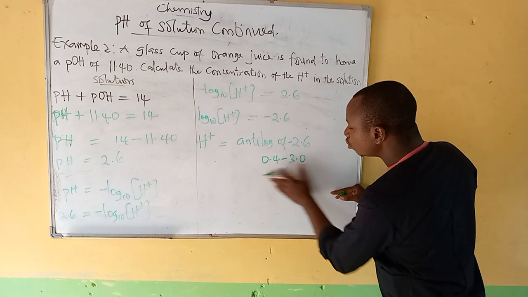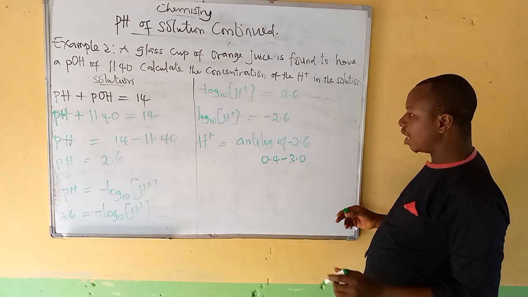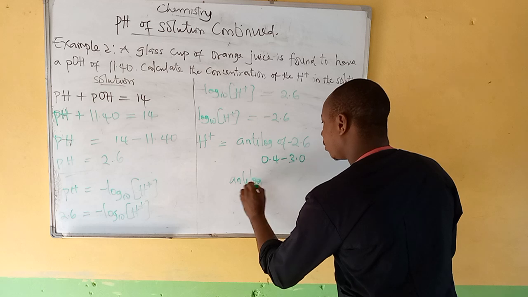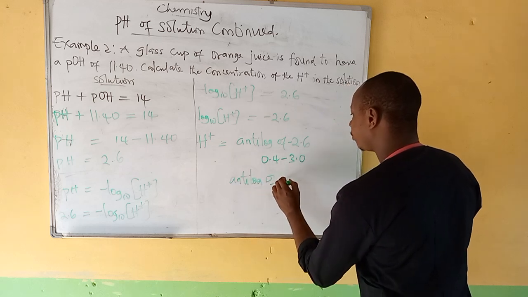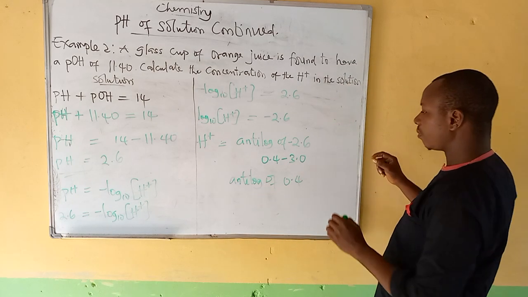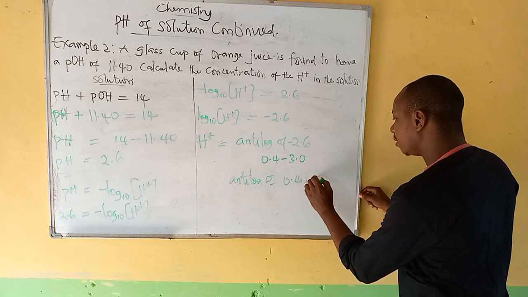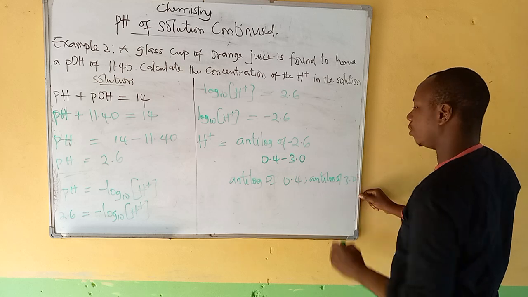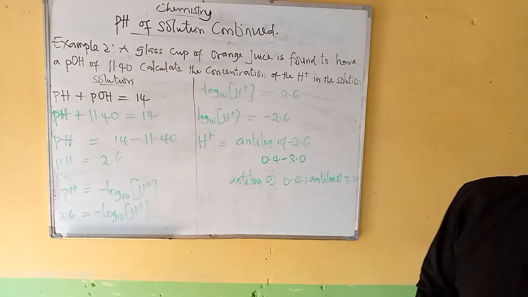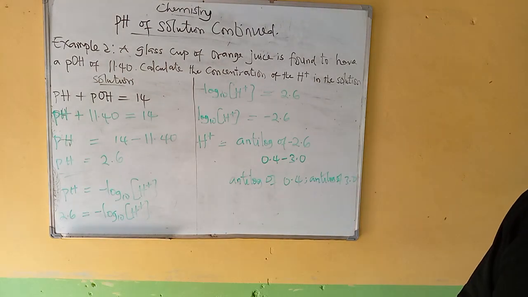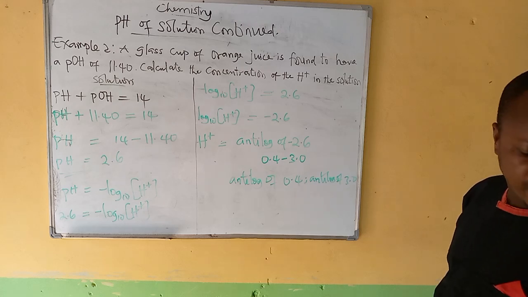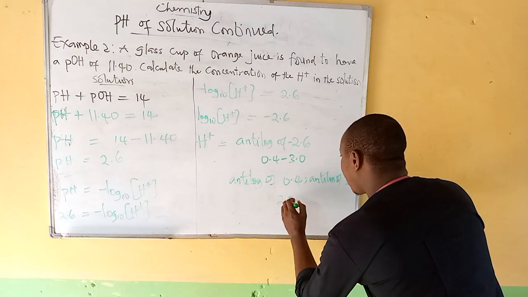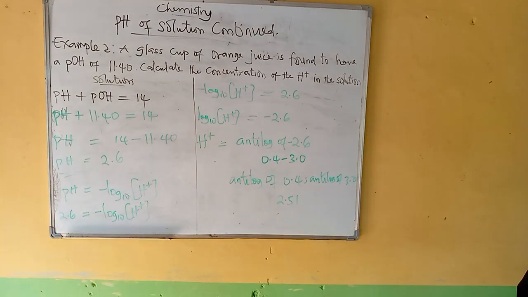So what we are going to do now is to find the anti-log of 0.4 and also find the anti-log of 3.0. If you press your calculator very well, you find out that the anti-log of 0.4 will give us 2.51 approximately.